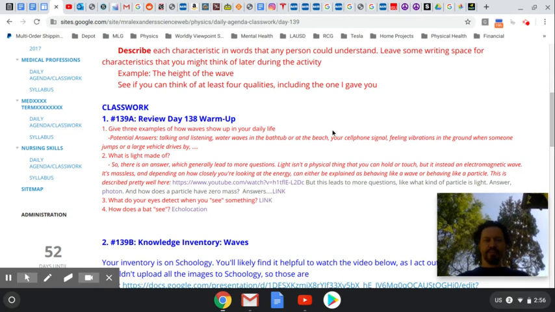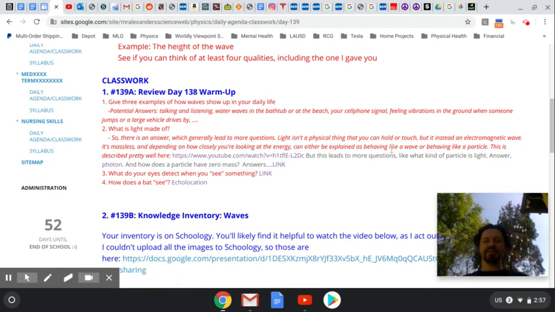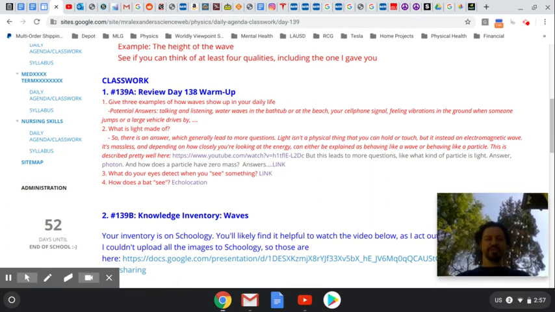Okay, what's light made of? Ooh, this is very complex. We can't hold it, right? But it's an electromagnetic wave. It's massless, and there's lots of things that you can look at with this. There's something called wave-particle duality when it comes to light, and Mr. Anderson from Bozeman Science talks about that here.